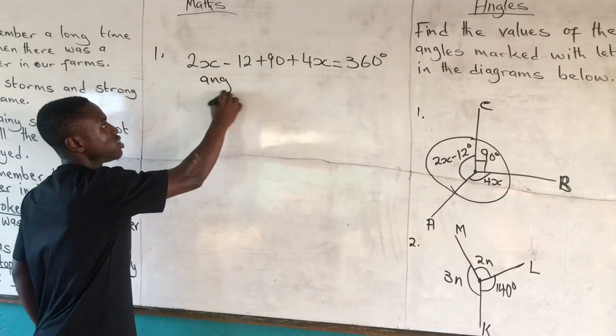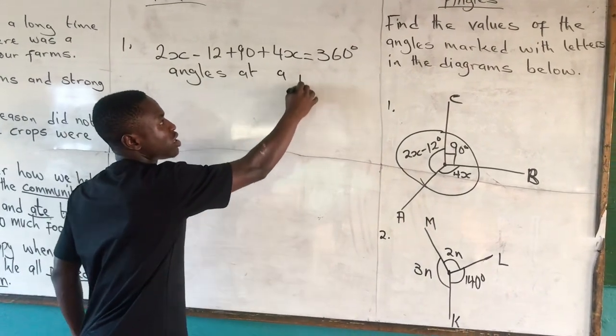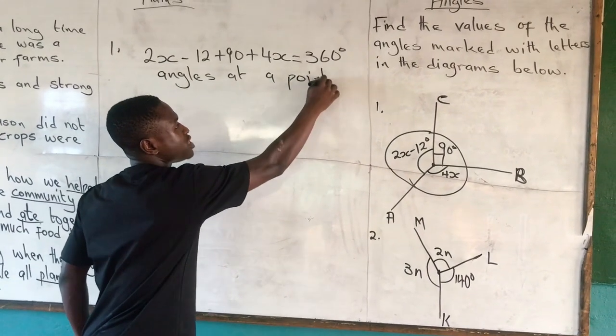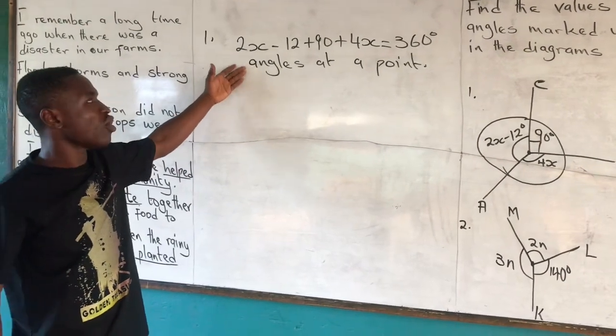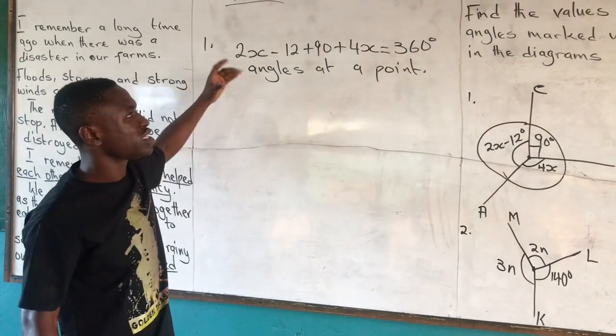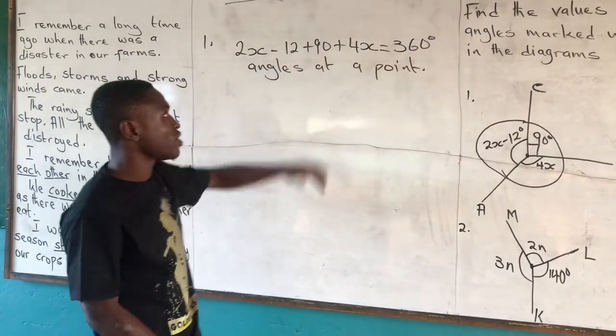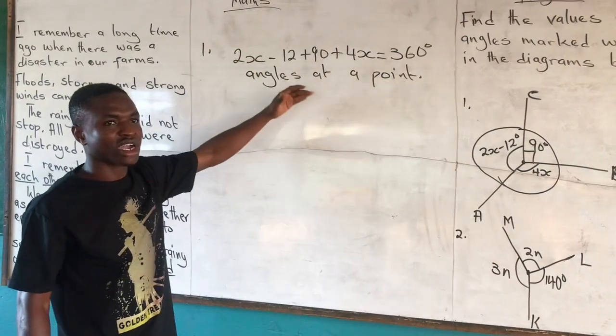That is angles at a point. Now we can use this idea to find the value of x, because we know that angles at a point sum up to 360 degrees. So fast forward, we are going to add like terms and also subtract like terms.